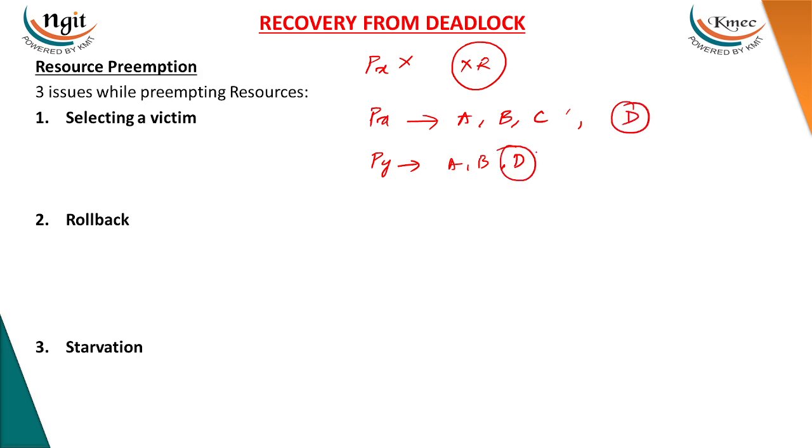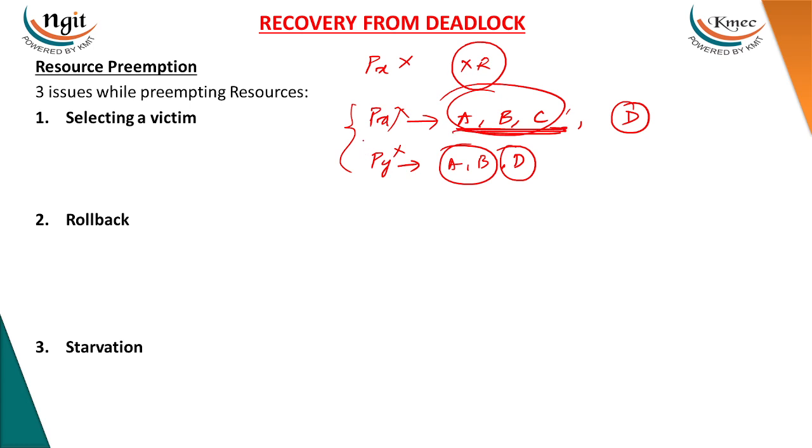So px holds a, b, c, and py requests two of them, while px needs d and py holds d. Here, instead of terminating the entire process, we will take the resources from the process first.